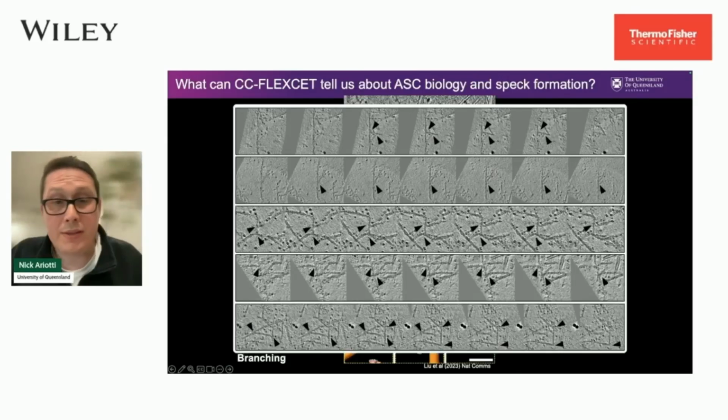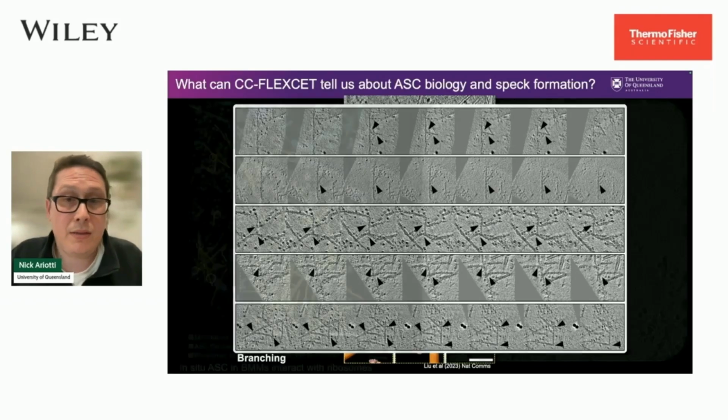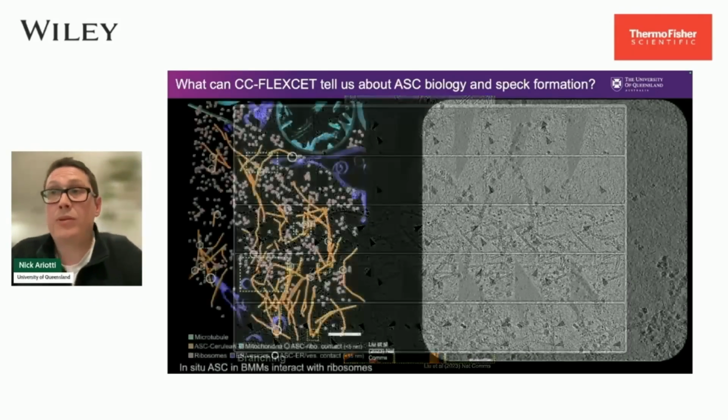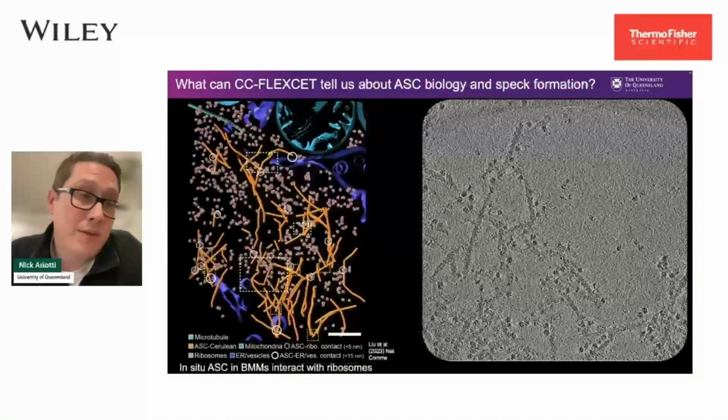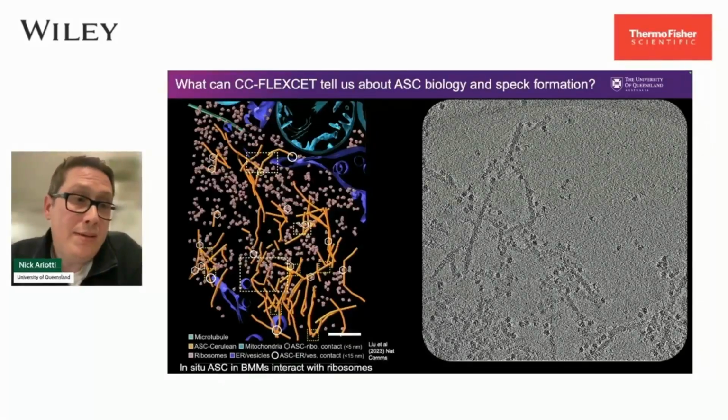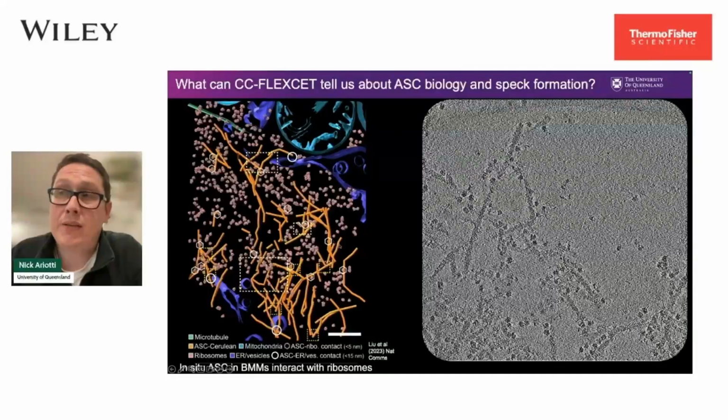Interestingly as well, this isn't the only bit of biology that this system can tell us about ASC. This same paper looked specifically at these ASC filaments, and they noted that in situ, ASC associates in its filamentous form with ribosomes. And you can see here we've got these hexagonal representations of where these ribosomal associations are.